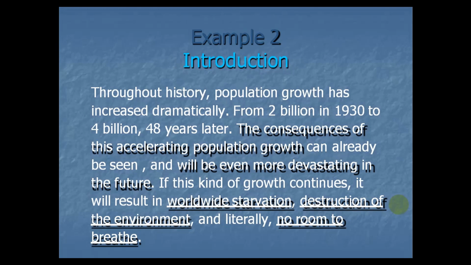So you can see in here that in the introduction paragraph, there are three key components. The first one is the attention getter, from "throughout history" until "dramatically."